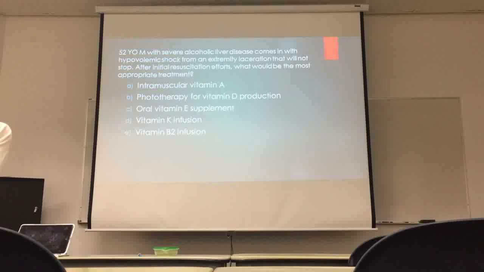What about B2? You guys kind of mentioned that. I don't know what B2 does. So B2 is riboflavin. Alcohol can cause deficiencies in thiamine B1, B6 pyridoxine, B12, and folate. Those can all be related to poor nutritional intake if someone's chronically alcoholic.